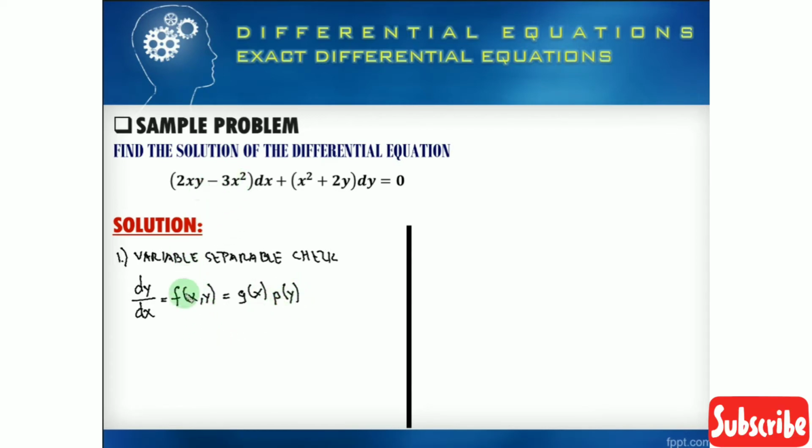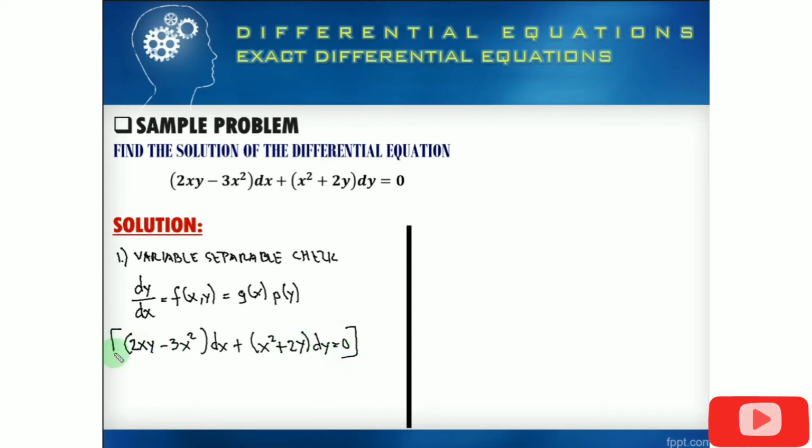Okay, so from this given, we need to have this dy over dx, so probably we will multiply this with 1 over dx. So this dx will be removed, and what remains is 2xy minus 3x squared, and this is dx, plus this quantity x squared plus 2y, and then this is dy, equal to 0.